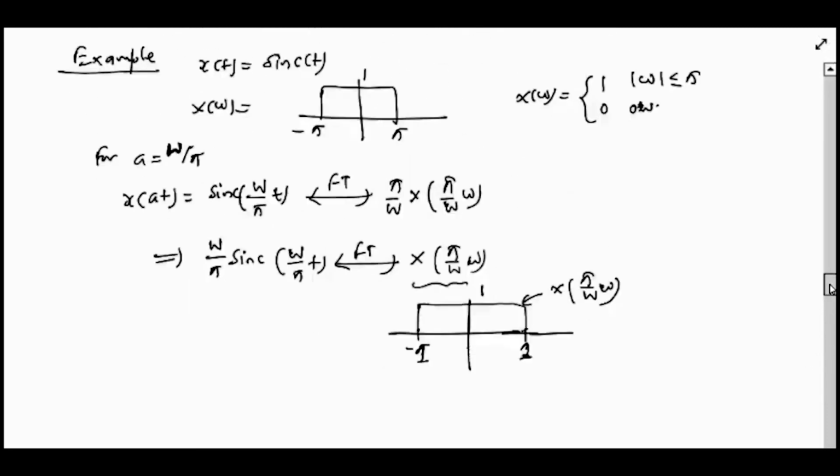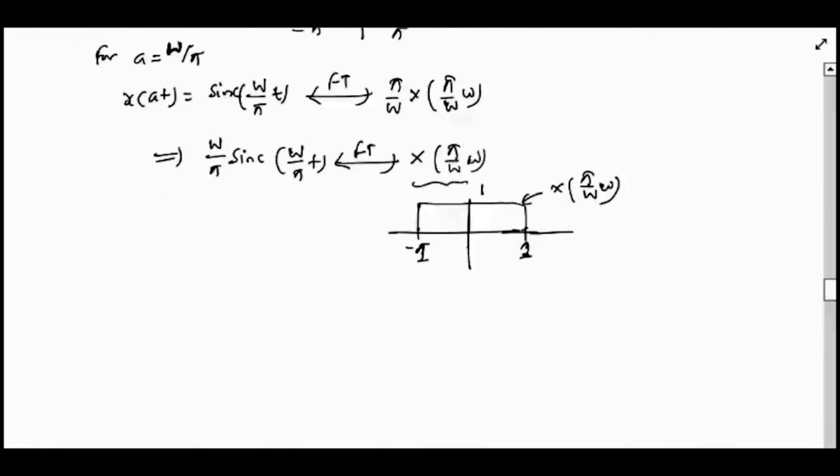Okay. Let's now see a special use of this time and frequency scaling property. This is a special case, but quite an important case, and this is when a is minus 1. Then the above property implies that the Fourier transform of x(minus t) is X(minus omega).